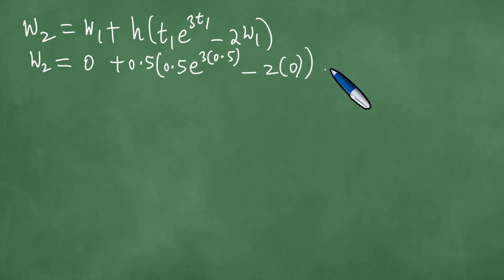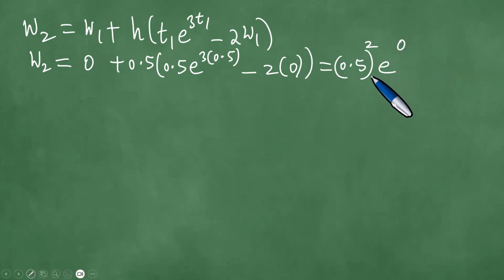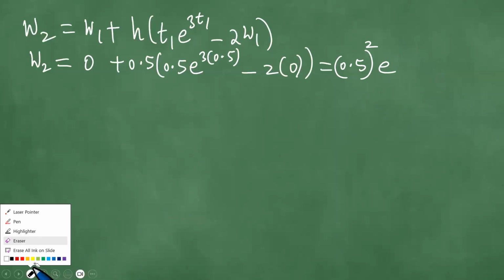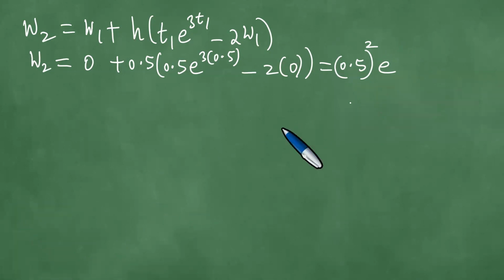Let's get this here. So you have 0.5 times 0.5, so this one is squared, times e to the 3 times 0.5. Let's leave it like that and do this on a calculator.